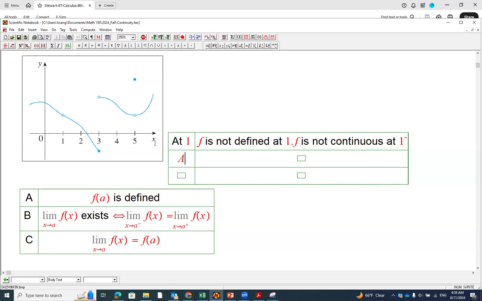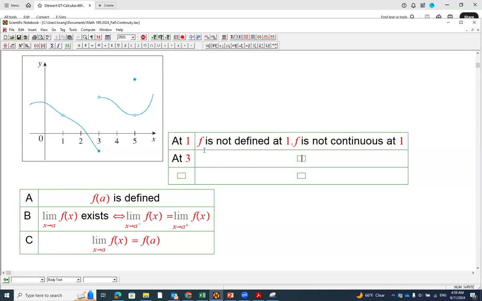At three, at the point three, what kind of situation do we have? It's defined at three, right? The first condition is satisfied. The second condition: limit from left and limit from right, they both exist, but are not equal, right?